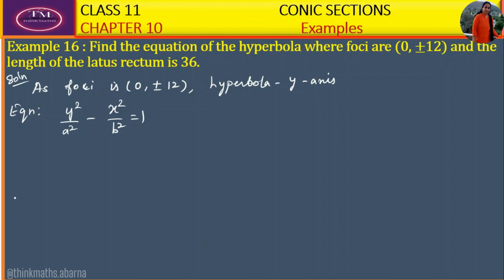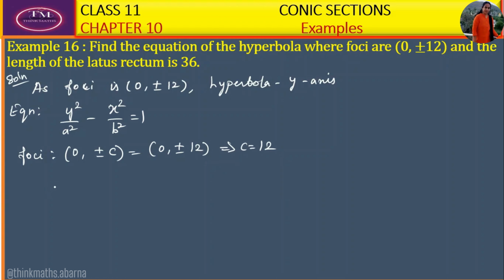So this is the equation of the hyperbola. Now what are all given? Foci. So what is the value of foci? It is 0, plus or minus c, which is given as 0, plus or minus 12. That means c is equal to 12.